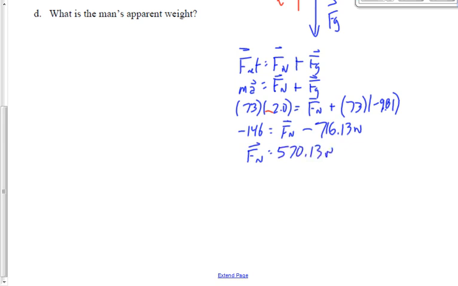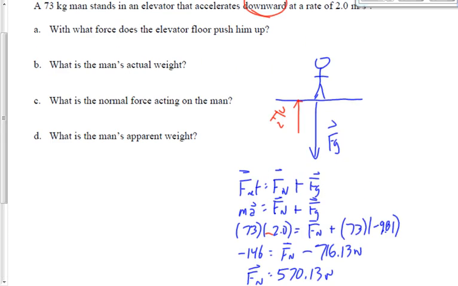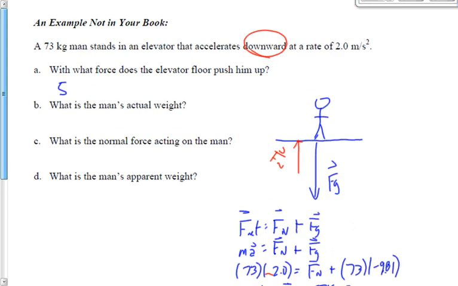Now, we're going to record that up here as 2 digits, 5.7 times 10 to the 2 newtons, because, of course, look back at this, 2 digits, final answer should be 2 digits. The floor pushes up with 570. Gravity pulls you down harder, but the floor still has to push you up, otherwise you'd free fall downwards at 9.81 meters per second squared.